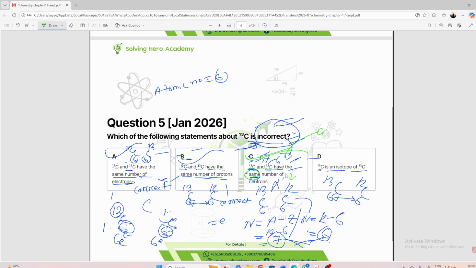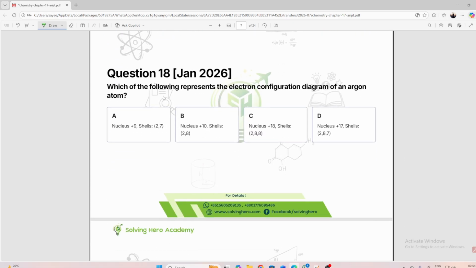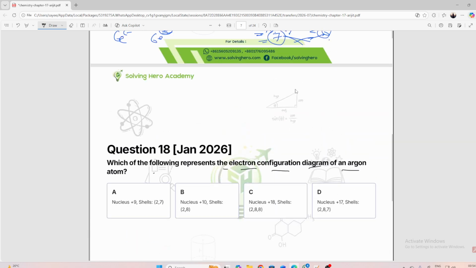Am I clear? So let's jump into the next question. The question asks: which of the following represents the electron configuration diagram of argon?